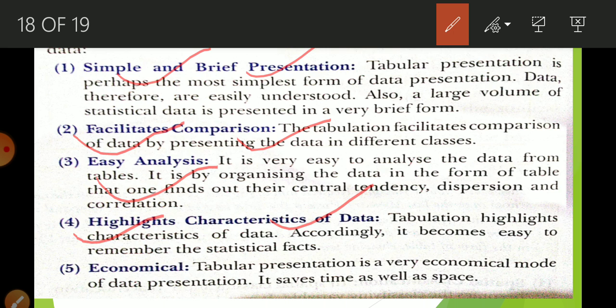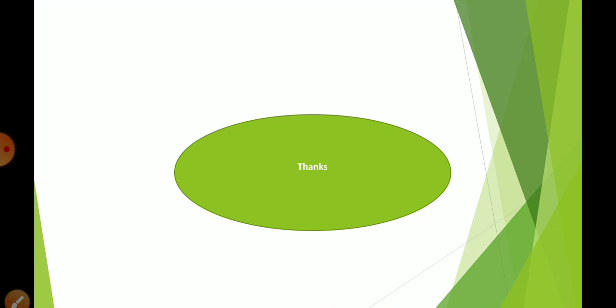When you maintain present and absent, it is basically for strength, and in just one glance it gives this information. Okay, economical on the basis of space, time and effort. Okay, thank you.